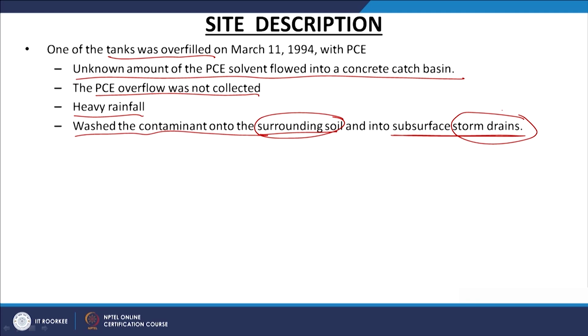One was that it spilled over into the surrounding area and contaminated the soil, and also it was transported into the stormwater drains, which carry it to different locations. They analyzed later that some of these stormwater drains had considerable leaks, and also were going beneath the water table at some locations. So, this led to considerable contamination.